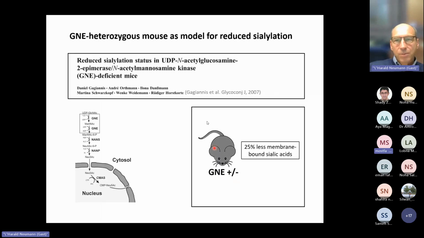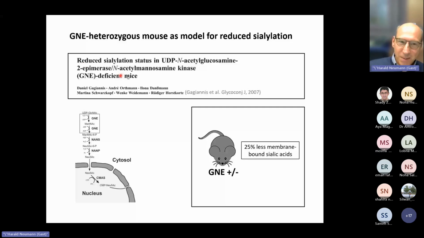So what is happening if we have reduced sialylation and we mimic this in a mouse model? I mentioned at the beginning, cells can produce sialic acid from the glycolysis cycle by a specific enzyme, and there is an enzyme which has a very complicated name, UDP-N-acetylglucosamine 2-epimerase/N-acetylmannosamine kinase.